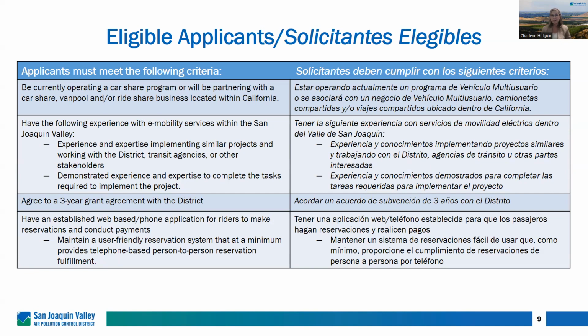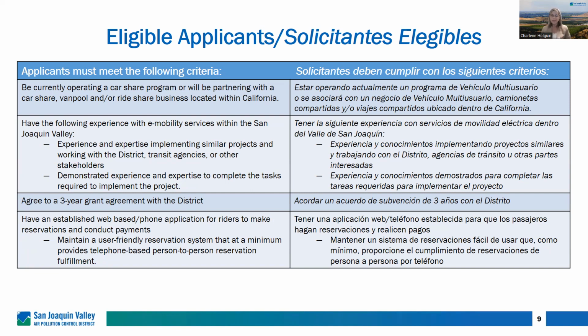We ask that they have expertise with e-mobility services within San Joaquin Valley. We ask that they have expertise in starting similar projects and working with districts, transit agencies, or other stakeholders. And we also would like them to demonstrate any expertise in completing the tasks required by this project. We do ask for a 3-year commitment for the contract.